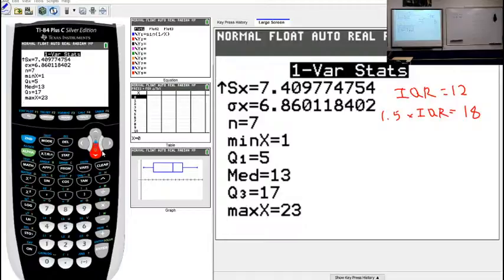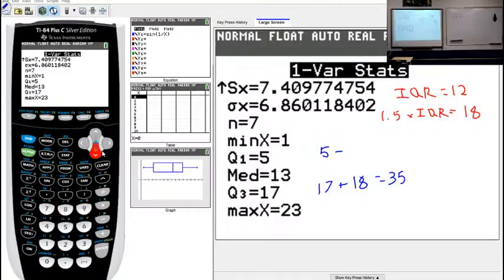1.5 times the IQR is 18. So 17 plus 18 equals 35. Any value that's above 35 in the list is an outlier.